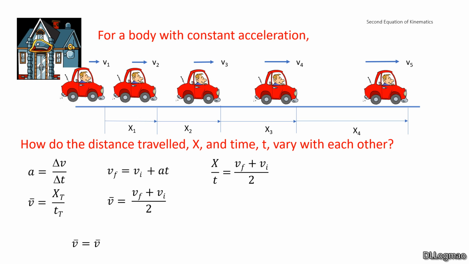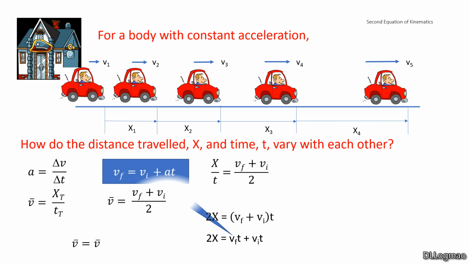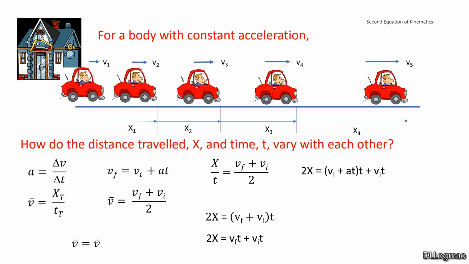The ratio of distance traveled and time of travel is equal to the sum of final velocity and the initial velocity divided by 2. Cross multiply. Substitute v sub i plus a times t for the final velocity. Distribute the time t, adding initial velocity times time, v sub i times t plus v sub i times t.